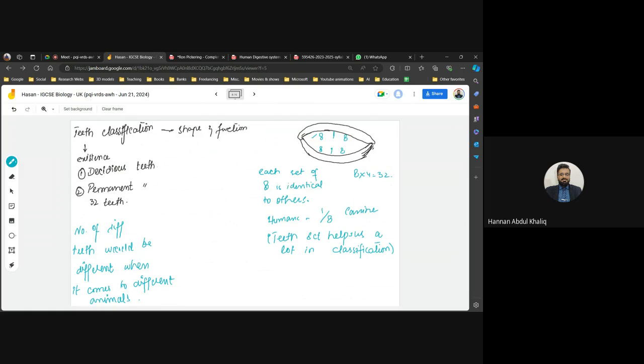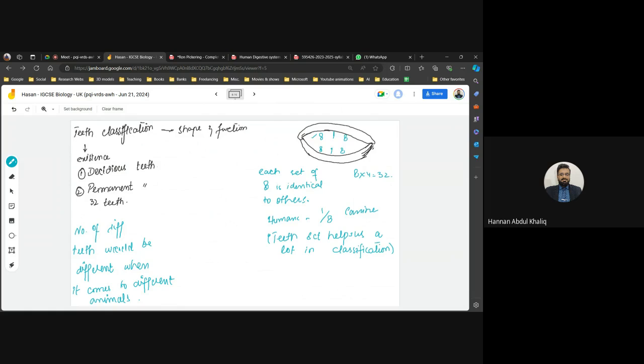If you look closely, you can search on Google for the teeth of herbivores or teeth of cattle. You'll clearly see a picture or a skull in which you would not be looking at the canine.